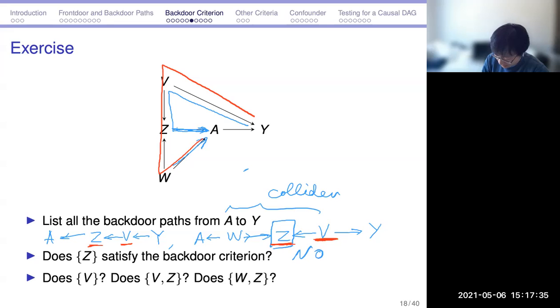Although conditioning on Z introduces spurious correlation between these two, it doesn't matter since the information is still blocked at V. So the answer for that is yes as well.